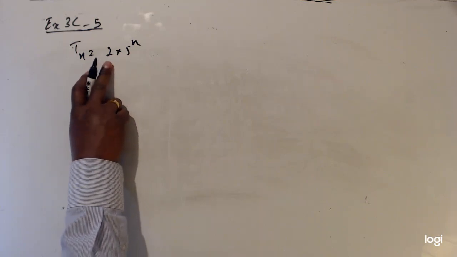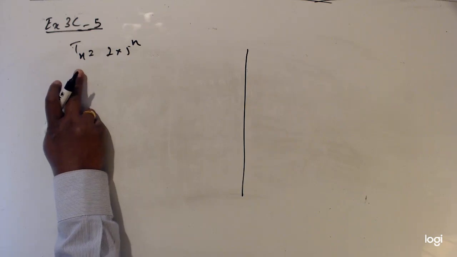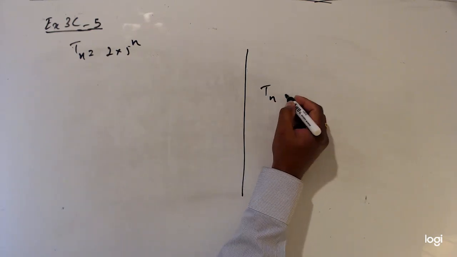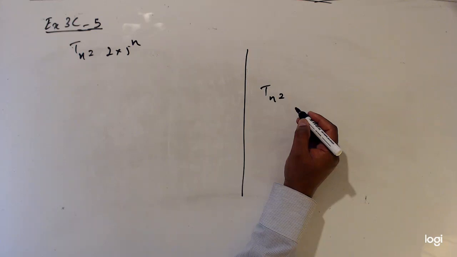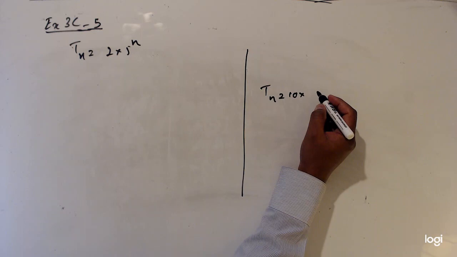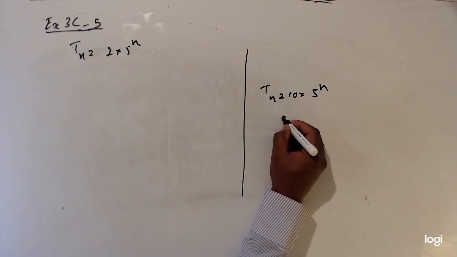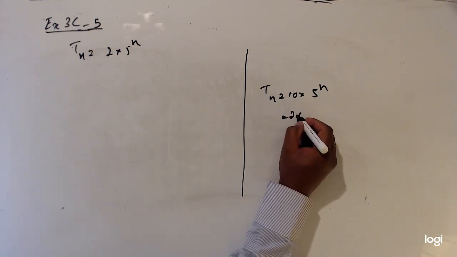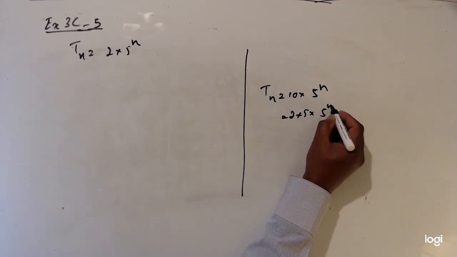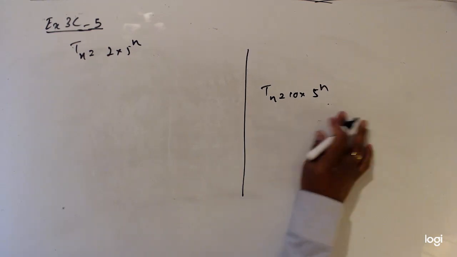For example, the real nth term may be Tn equals 10 times 5 to the power n. So 10 I can write as 2 times 5, to the power 5 to the power n. I think that doesn't work. This should be n minus 1.